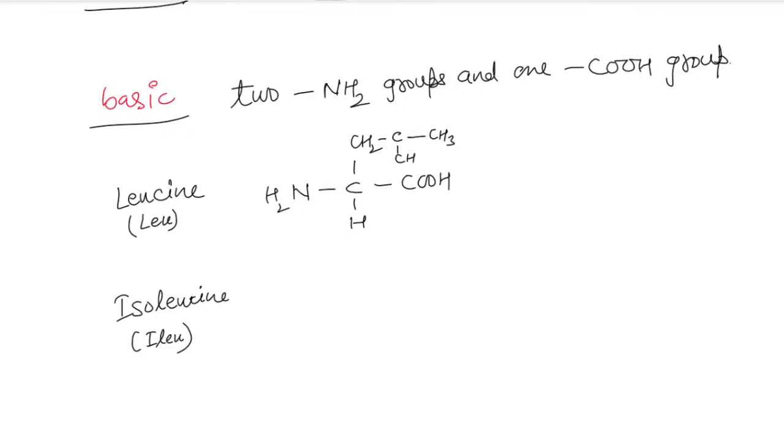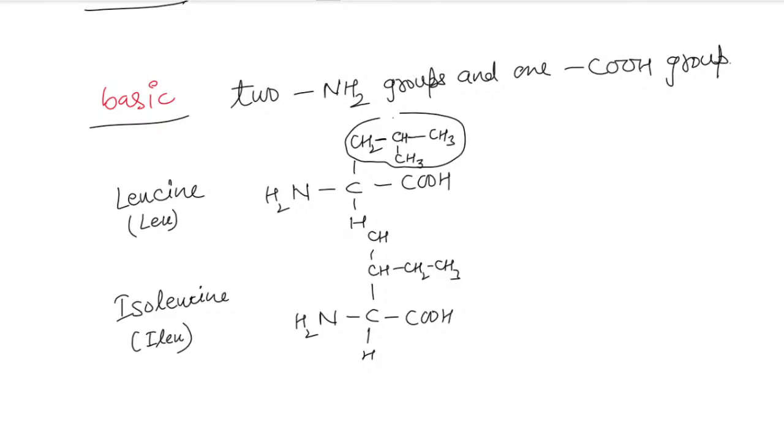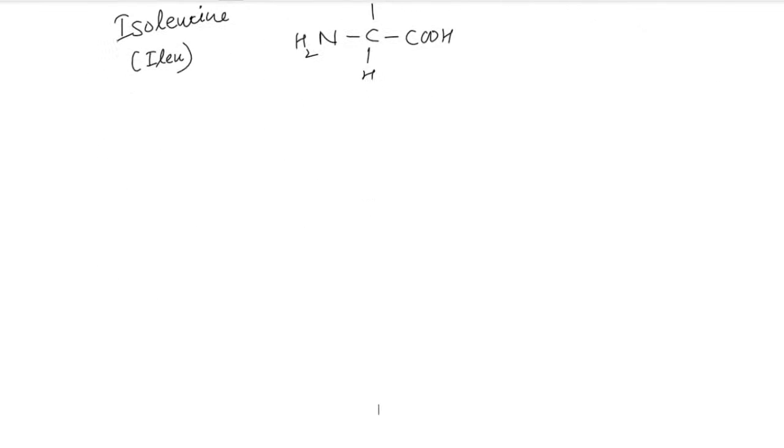It should be like this. Okay, CH2, C, H is there, na? CH3 CH3, and isoleucine it is like NH2, CH, COH, meaning this is isobutyl group, and here it is CH secondary butyl group. Okay, so these are all neutral alpha amino acids in which there is one NH2 and one COH.